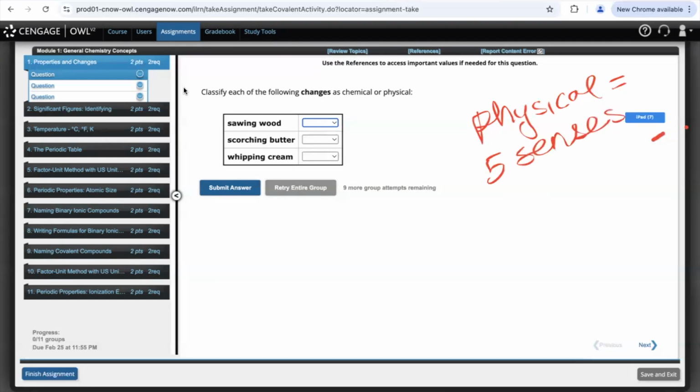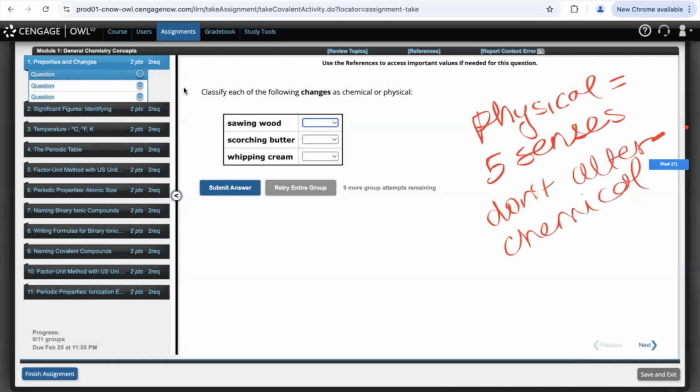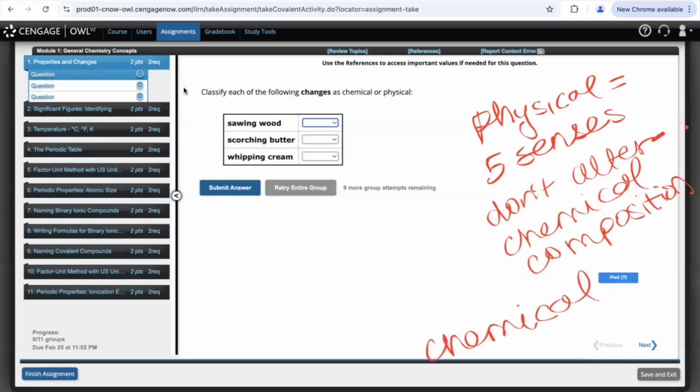The technical definition is things that don't alter the chemical composition. And then chemical changes do alter the chemical composition, usually resulting in a chemical reaction.